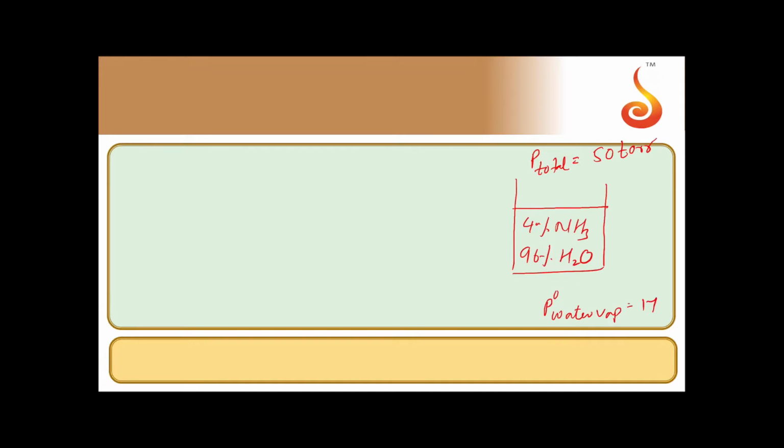Now we need to find the water vapor pressure. For this we apply Raoult's law. Water vapor pressure is equal to P naught of water vapor into the mole fraction of water in the solution, which is 17 into the mole fraction of water.